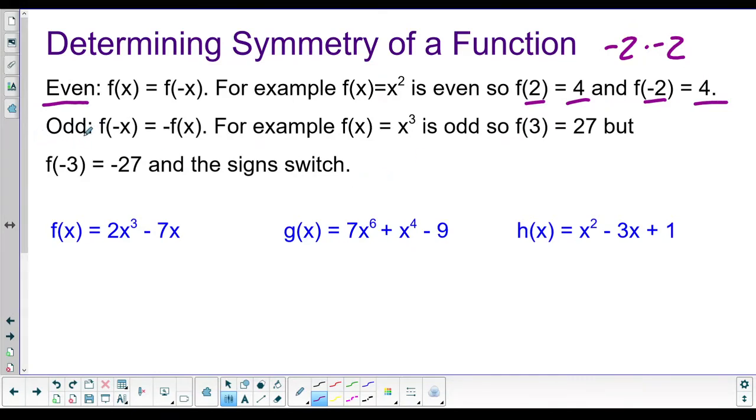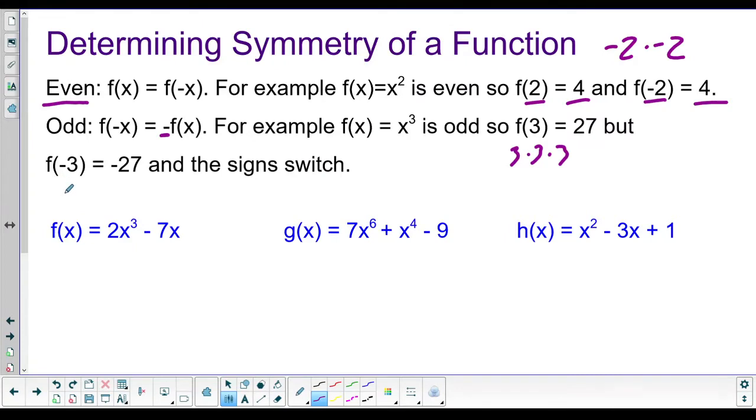For odd, it says f of negative x equals negative f of x. What this is saying is whatever f of x is, if I plug in the same number but negative, I should get the same answer but negative. So let's look at an example. If we look at x cubed, if we plug in 3, 3 times 3 times 3 is 27.